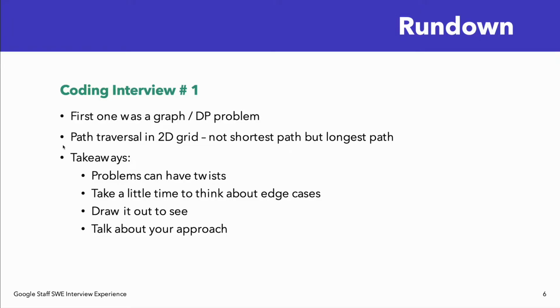So do that, and then talk about your approach. For example, my approach was to have another array, and I defined that this array would store the longest path from any node ij to the bottom, and then I'd populate this array.